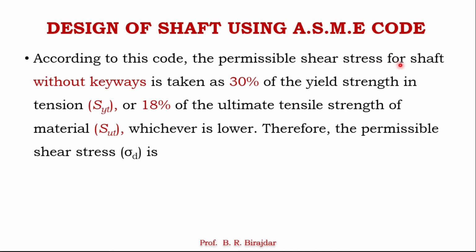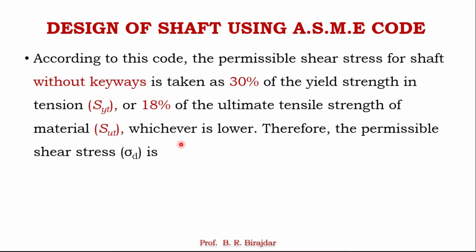So first, if we consider the permissible shear stress for the shaft without keyway, meaning there is no keyway on the shaft, at that time we take 30% of its yield strength in tension, or 18% of the ultimate tensile strength of the material, means 30% of the SYT or 18% of the SUT.